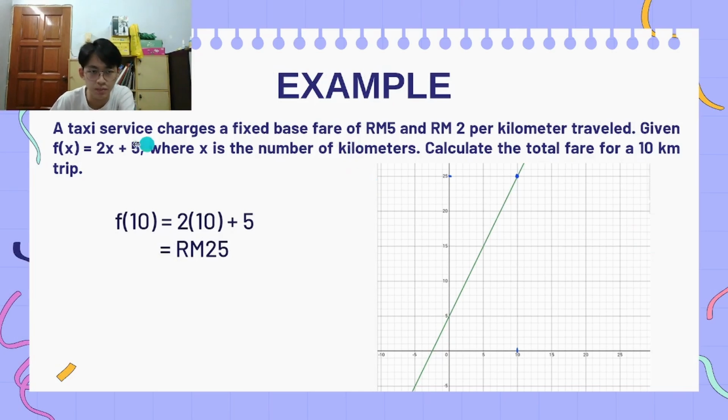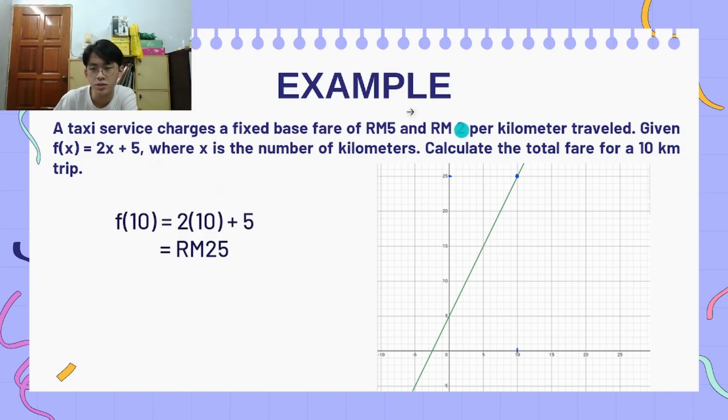So this is the example. A taxi service charges a fixed base fare of 5 ringgit and 2 ringgit per kilometer traveled. Given the function is f(x) equals to 2x plus 5, where x is the number of kilometers. Calculate the total fare for a 10 kilometer trip.